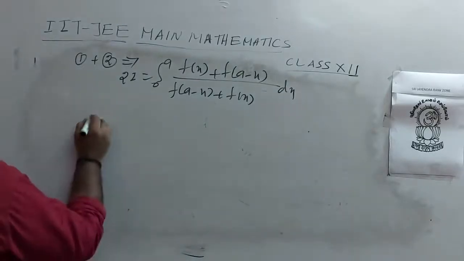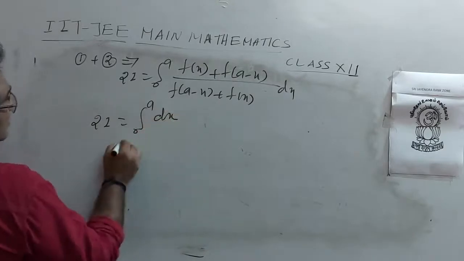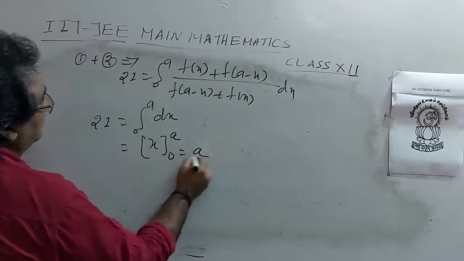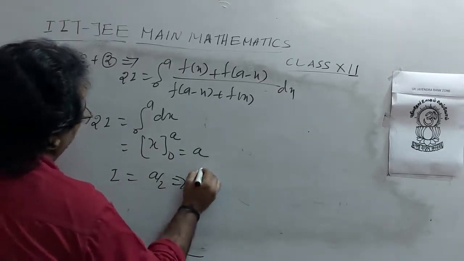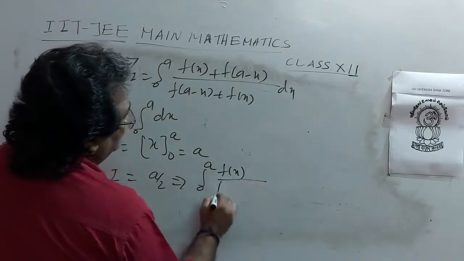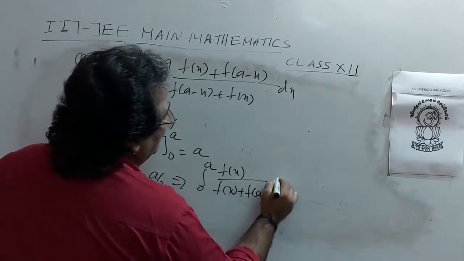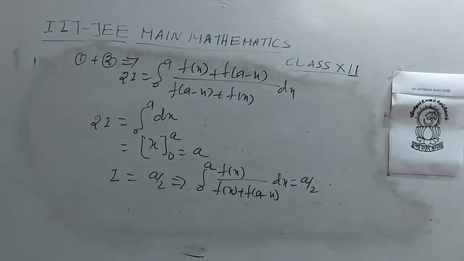So that 2I equal to integral 0 to a dx, that is x over 0 to a. I equal to a by 2, that means integral 0 to a f of x by f of x plus f of a minus x dx equal to a by 2. You have to remember the result.